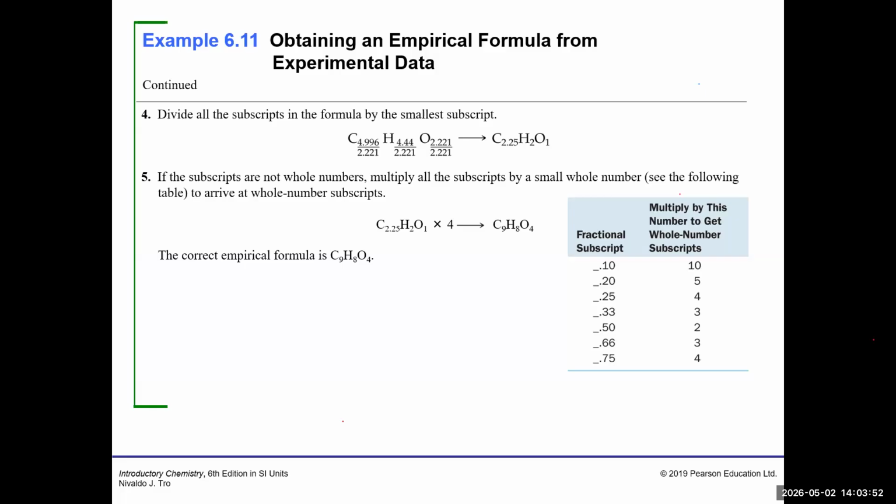If I divide 1 by 0.1, I'll get 10. 1 divided by 0.33, I'll get 3. 1 divided by 0.5, I'll get 2. That is the easiest way, so you don't worry about memorizing all of them. Just look at the decimal part and divide it into 1, and that gives you the number you have to multiply all of the subscripts by to give you whole numbers.